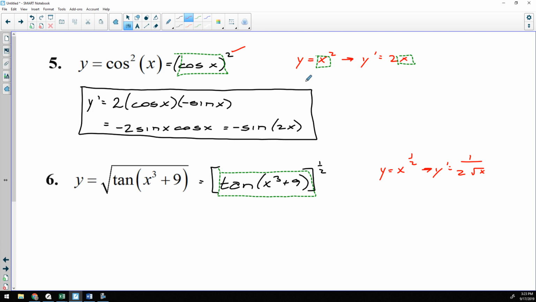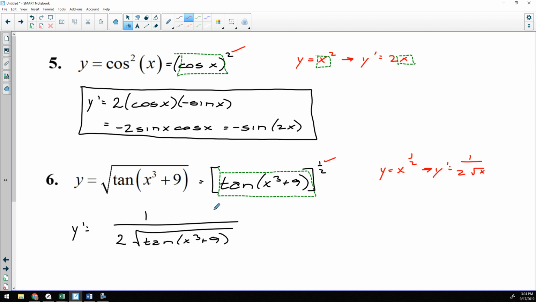And so when I differentiate that, I'm now going to write that as y prime equals 1/2 square root of x, only in the place of x, we have the tangent of the x cubed plus 9. Okay, so there's the first pass at my derivative, and that just knocked out the exponent of 1/2.